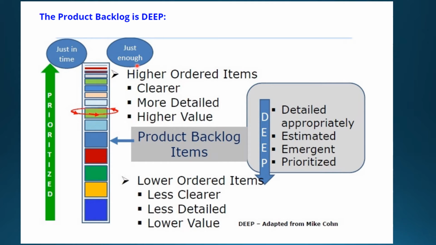So what is detailed appropriately? The lower order items are less detailed in nature. When your backlog items are nearing the sprint, those are called high ordered items. These need to be clearer, more detailed, and they carry higher value. That's the reason it's called detailed appropriately.